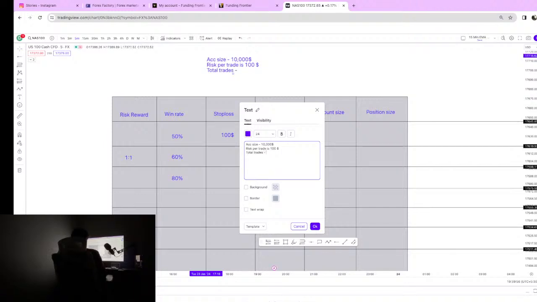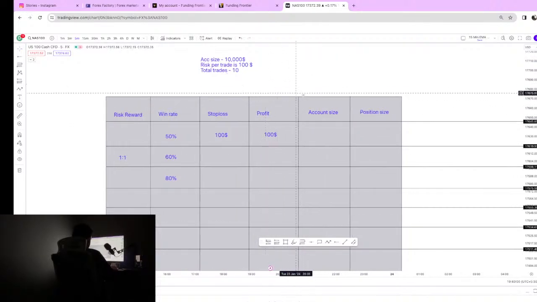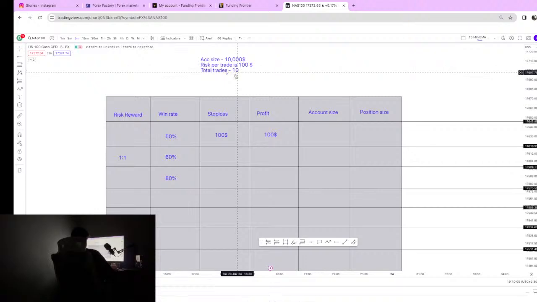I am assuming 10 trades. So what will be the account size after total 10 trades when our risk reward is 1 is to 1 and our win rate is 50%? Tell me fast. After 10 trades.